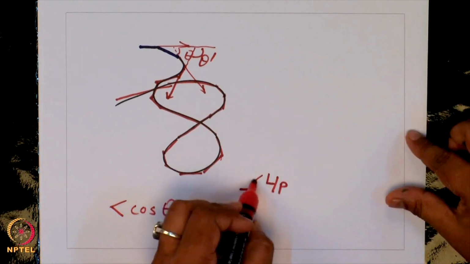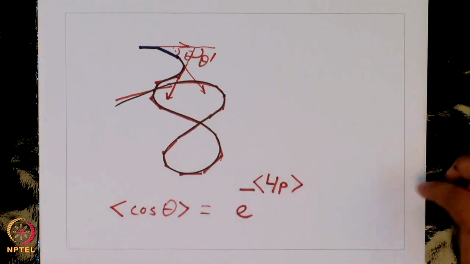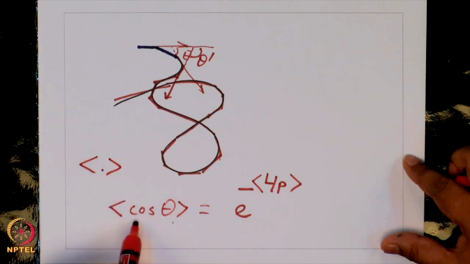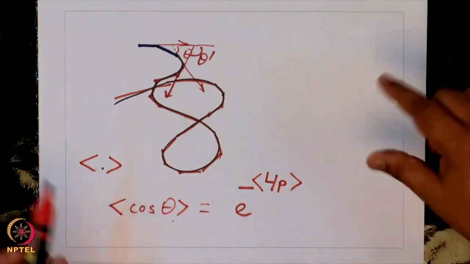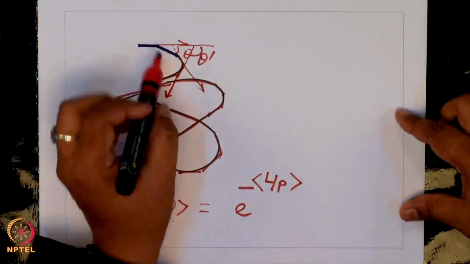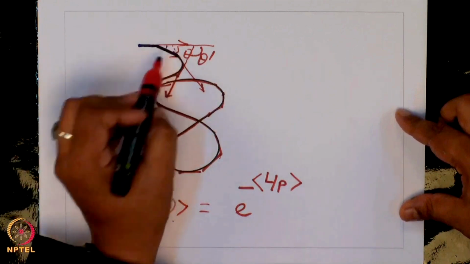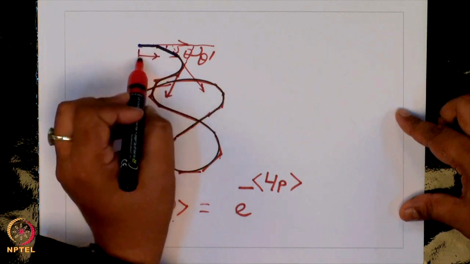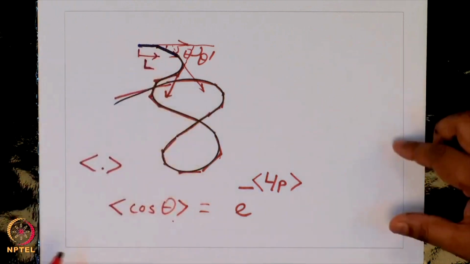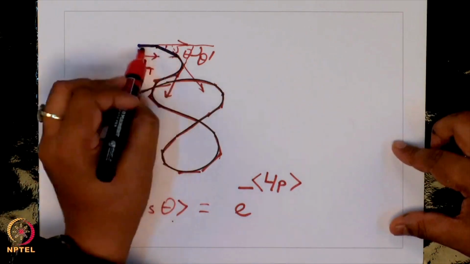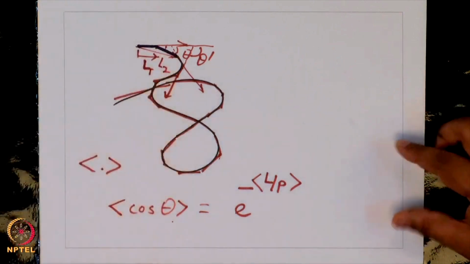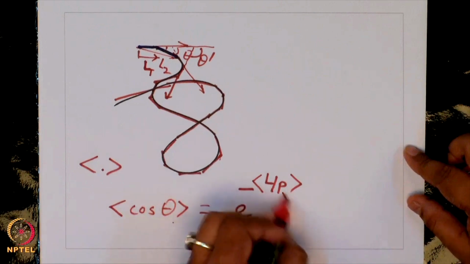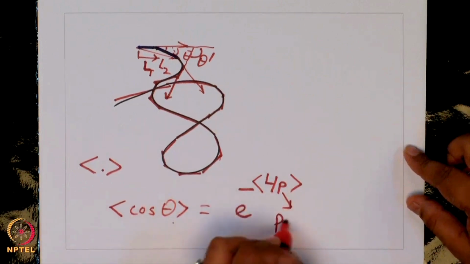This bracket is called an average operator. You can do this for these two segments and find the angle. Here the distance between these two segments is just dL. This is L1, between these two this is L2, and so on and so forth. You can average it out and find this p, which is the persistence length.